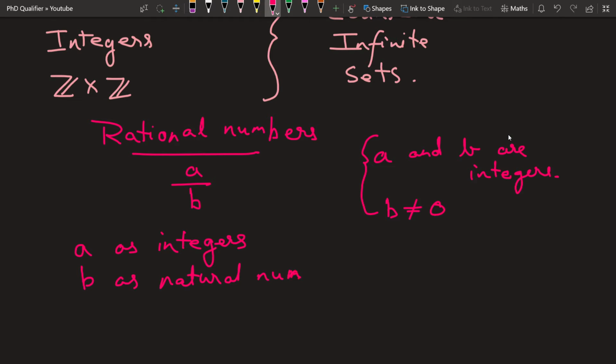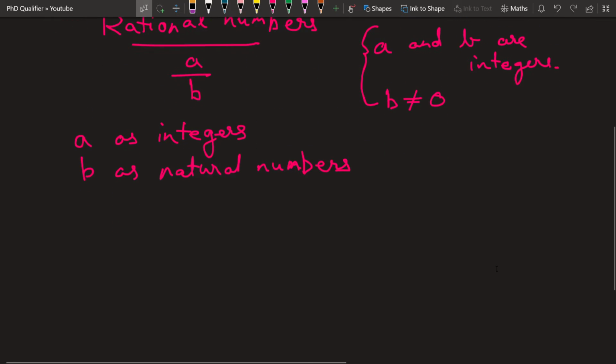Then also this set is complete and you will get all your rational numbers, and additionally you don't have to say b is not equal to 0, because natural numbers don't include 0. And you will also see that many numbers can be represented in multiple ways.